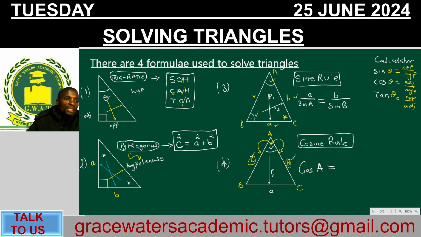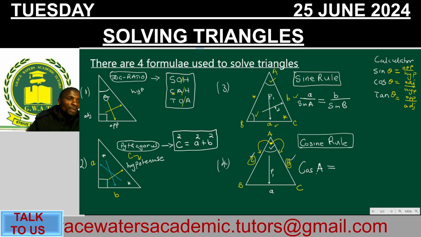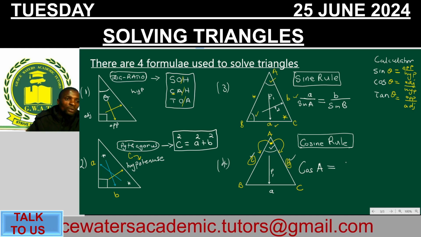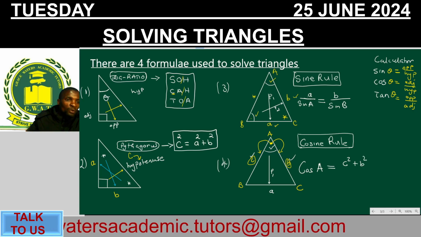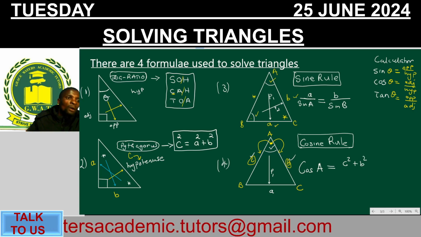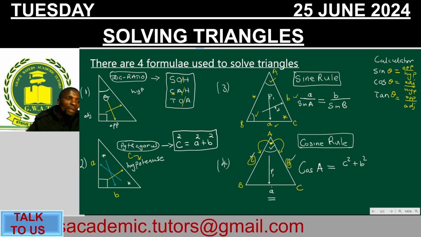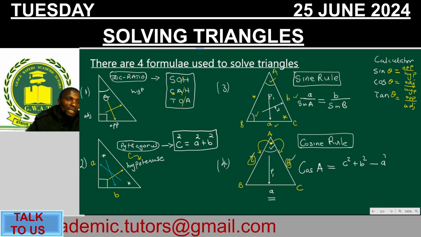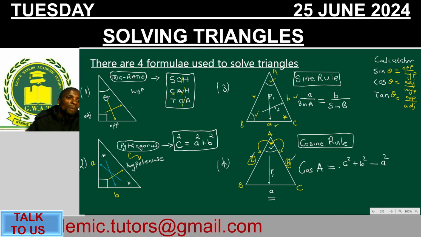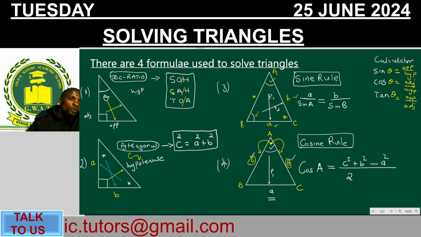So the sides that you touched must be added. That means you'll be having cos of A equals c to the power 2 plus b to the power 2. Remember, they must have squares. The side that's remaining is a, which is opposite it, the one that is faced by an arrow, you subtract it and say minus a squared. And then remember, all the 3 should be divided by 2, which is a constant.